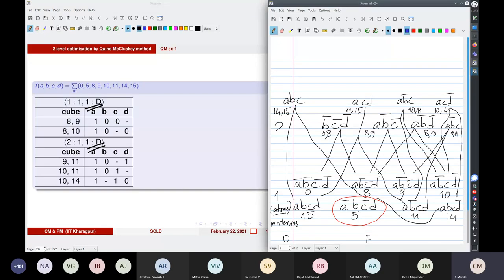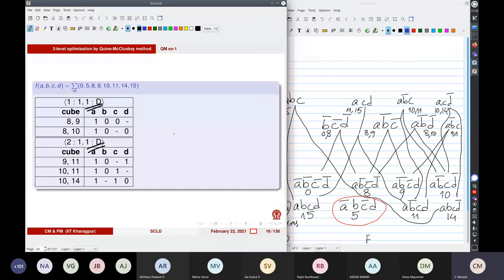Okay, I don't know whether it has been missed out here, but we'll check. If you see 0, 8, 9, I might have missed that out here.